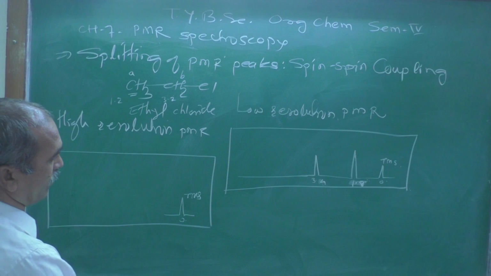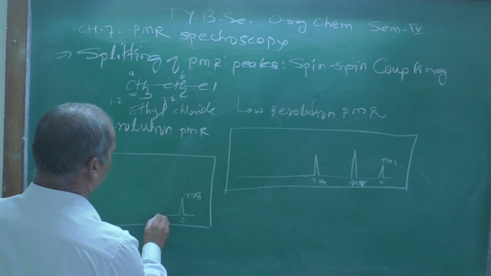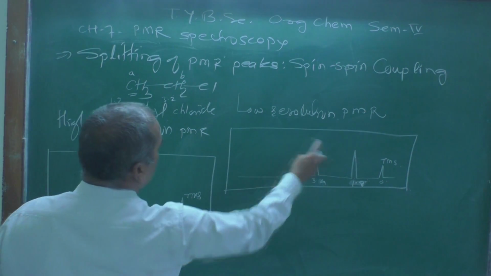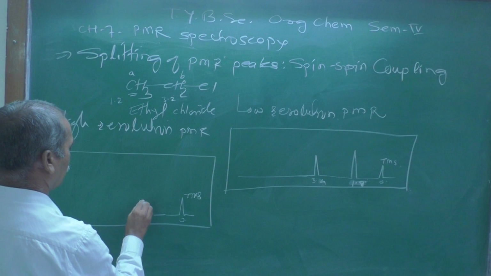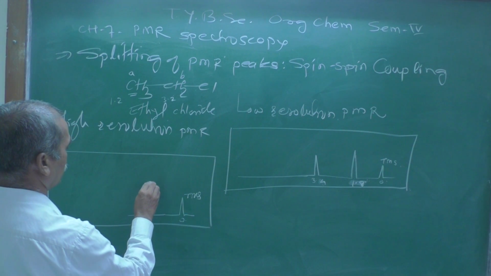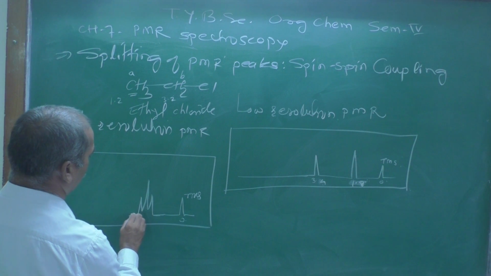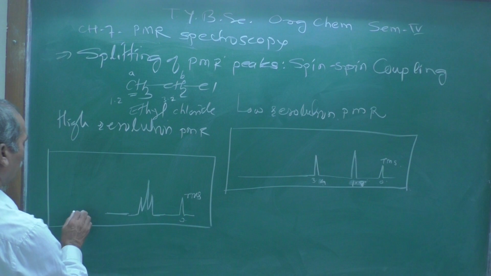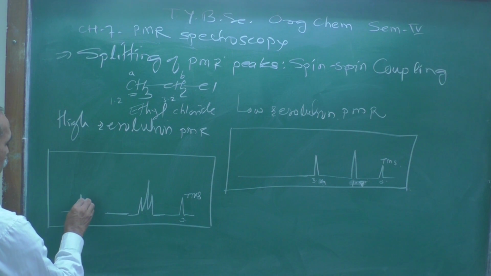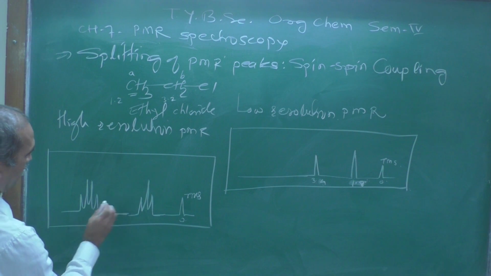And now at 1.8 the single peak will get split into a triplet like this, and one peak gets split into a quartet like this.